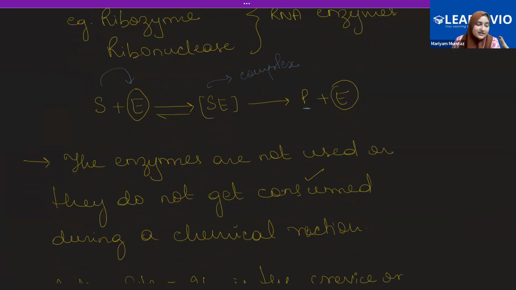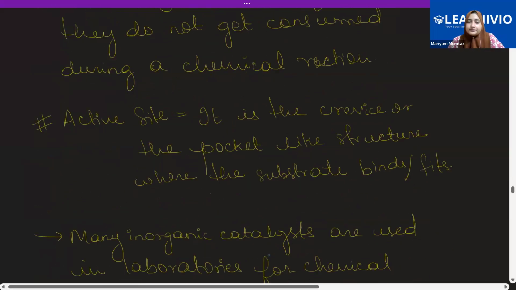The thing about enzymes is that the whole reaction will happen and the enzyme will not be consumed during the chemical reaction. Clear? Meaning it will remain the way that it is. It will cause several thousands and thousands of reactions to take place. Understood? So that's the case.